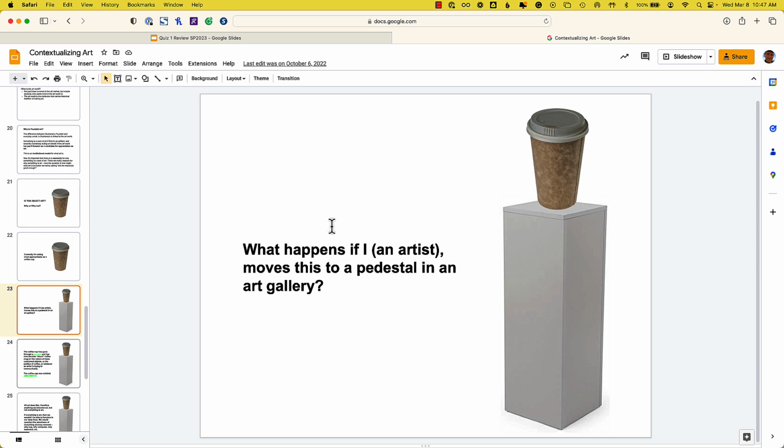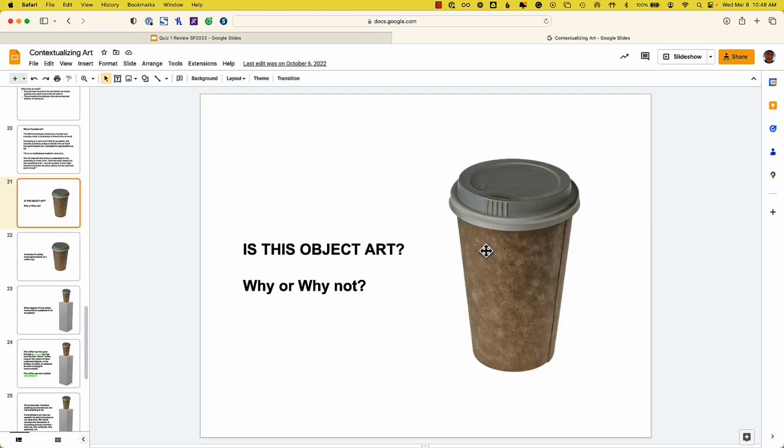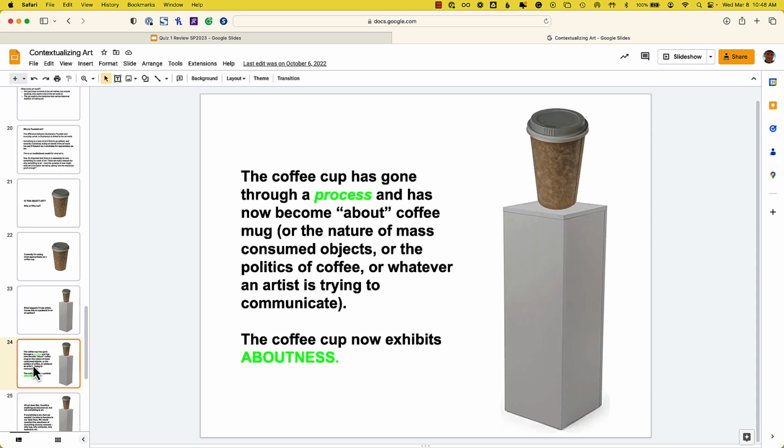And as this becomes about, or the nature of the mass consumed objects, or whatever, this aboutness starts to reveal new subjects to us that we don't come to or think about, or we don't imagine that the coffee cup in its existence here as a coffee cup is asking us to think of those things. Okay? Where art is specifically doing that.